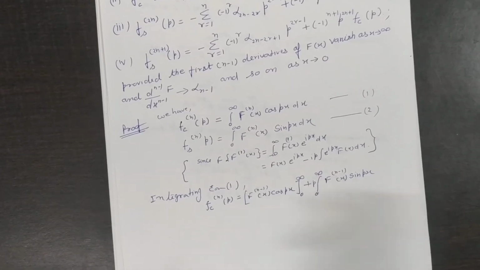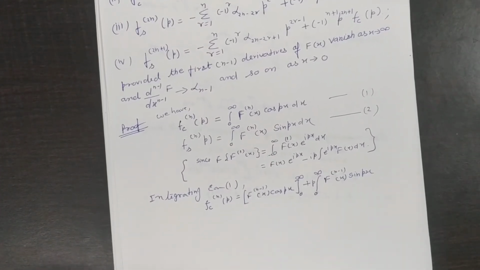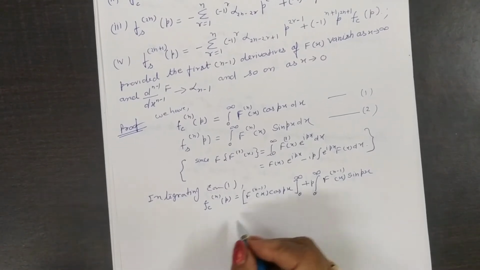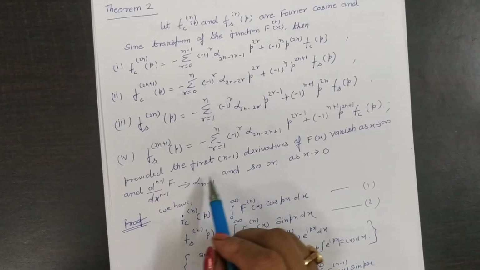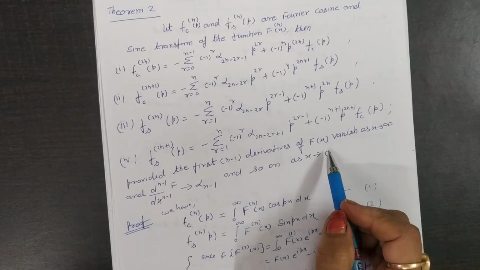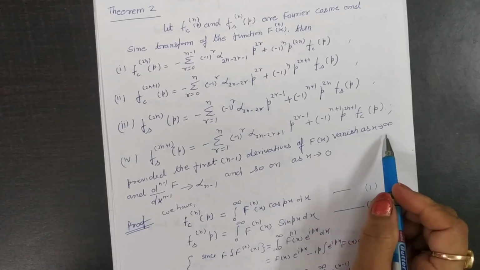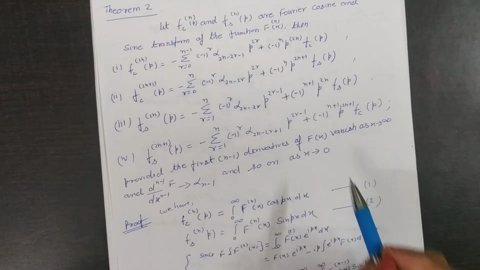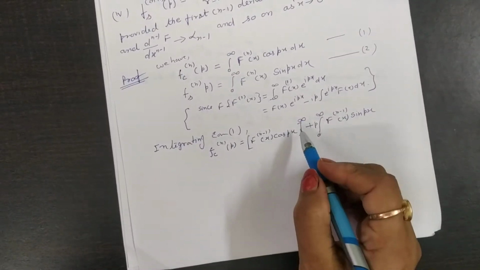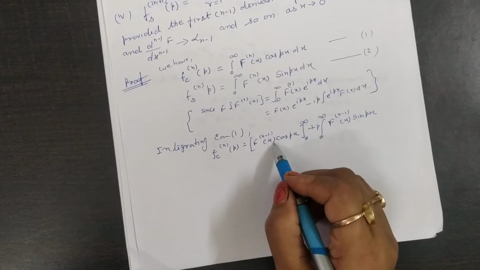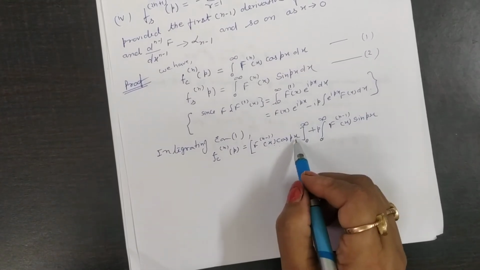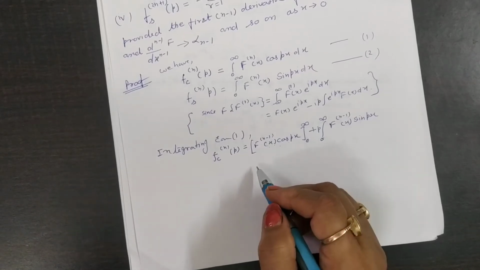Now, it is given that the (n-1)th derivative of f(x) vanishes as x tends to infinity, and this tends to alpha_{n-1} as x tends to 0. So as x tends to infinity this is 0, and at 0 this is alpha_{n-1}, and cos 0 you also know is 1.